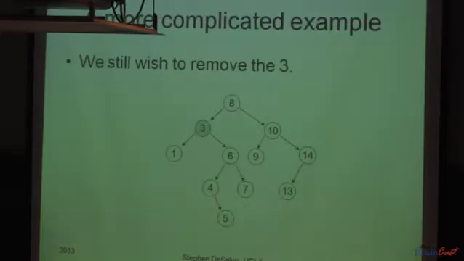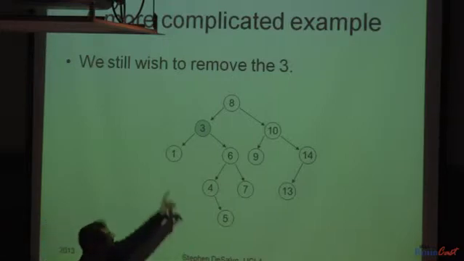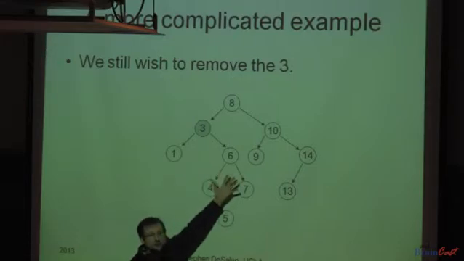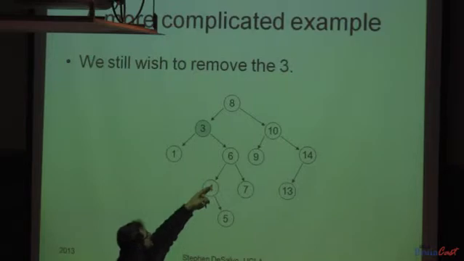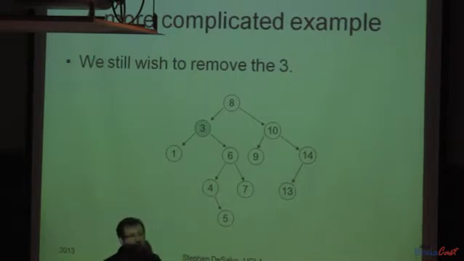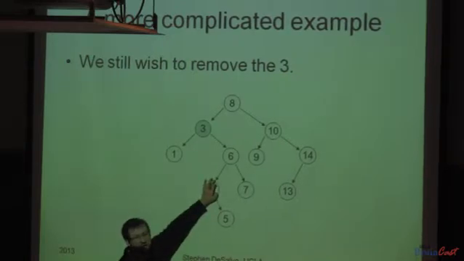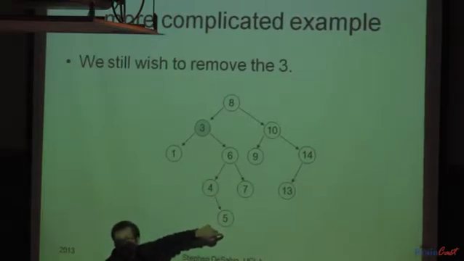Okay, what if the 4 now has a right child, which is a 5, right? So here we want to remove the 3. We go to the right subtree, we pull all the way to the left, and now we want to replace the 4 with the 3. But we can't just delete this node and then set left equal to null. We have to worry about the 5.